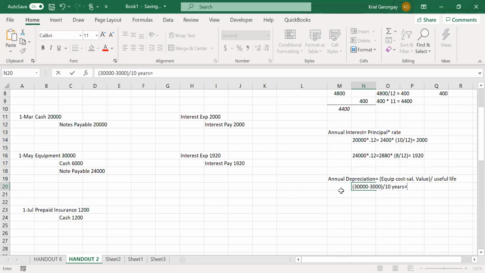So this is what we have to prorate. We have to prorate it, right? Should be 2,700, no? 2,700? Yes. So this amount we have to prorate. From May to December, it's 8 months.